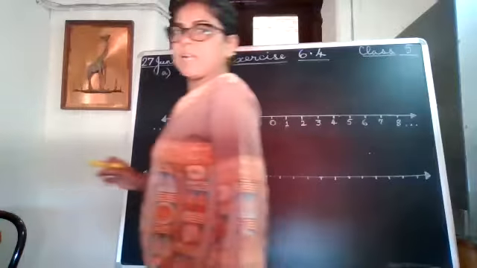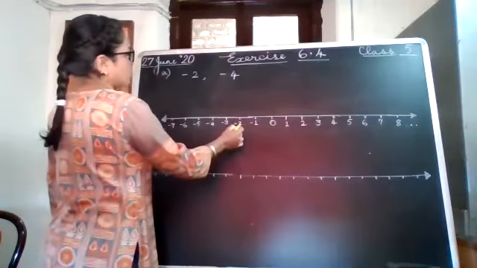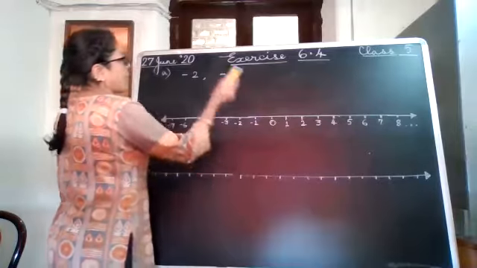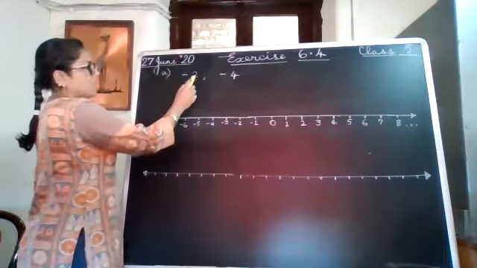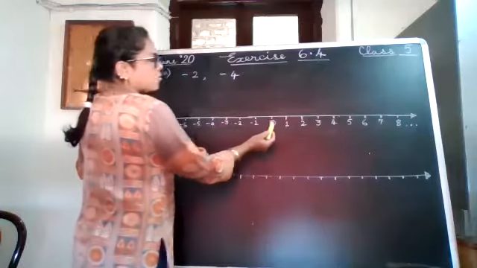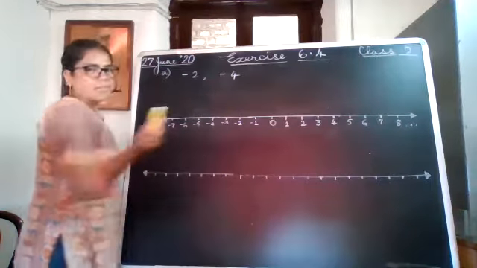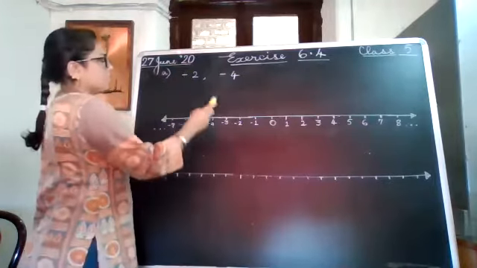So the first number that you see is -2. So I can straight away go to -2. Or what is the other method? You first go to 0 and then if it is minus, you go to the left these many places. So if you're doing that also, where will you reach? From 0, if you count 1, 2 to the left, you will reach -2 only. So it is easier to just start with that number, whichever is the first one.